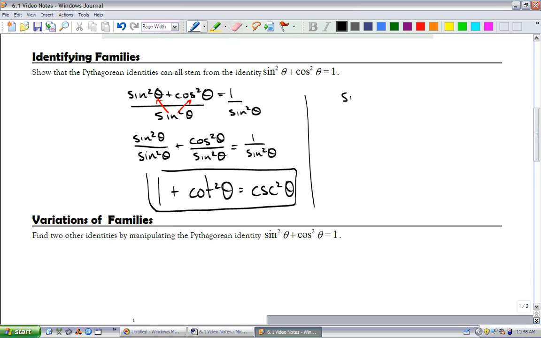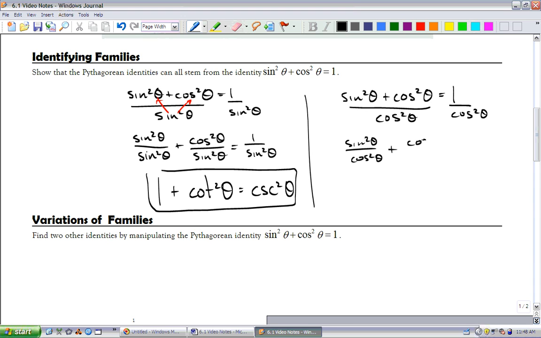Let's take another look at this. If I start off with sine squared plus cosine squared equals 1, and I now divide both sides by cosine squared, we end up with this: sine squared theta over cosine squared theta plus cosine squared theta over cosine squared theta equals 1 over cosine squared theta.